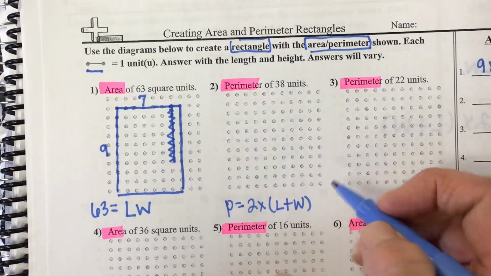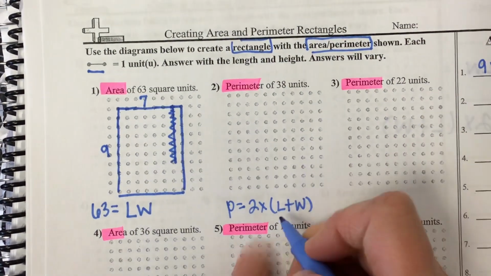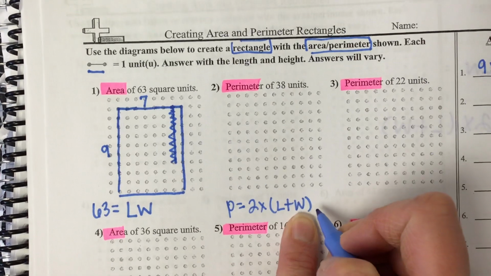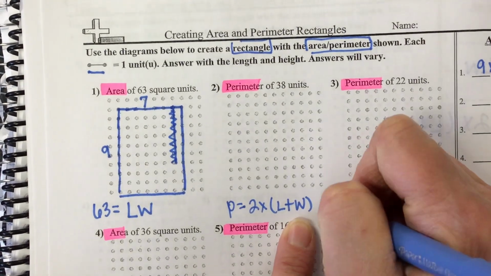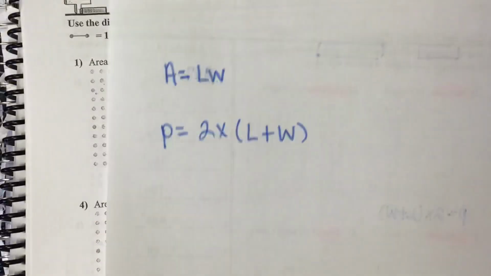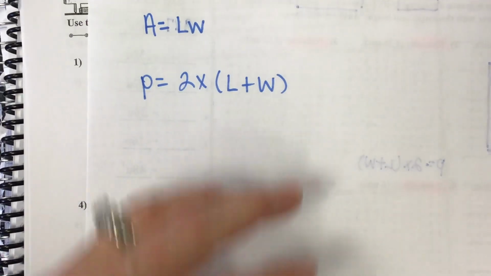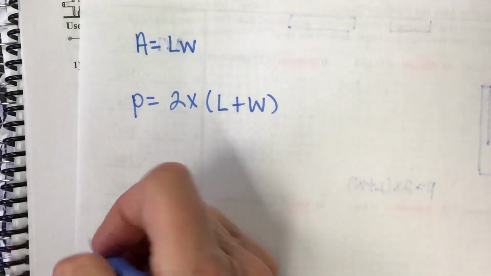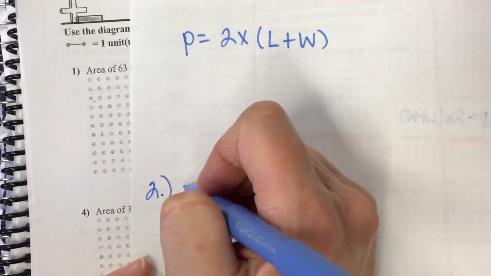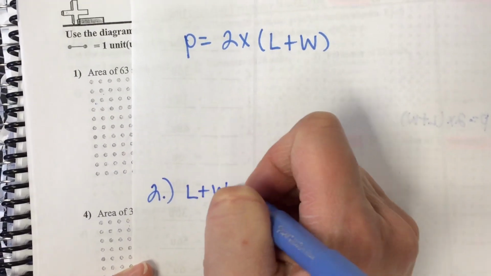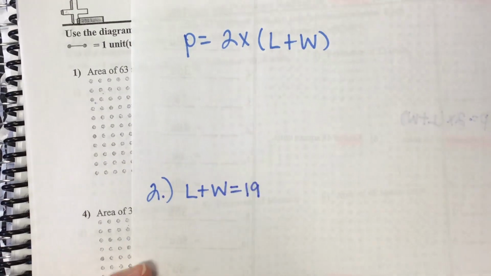Okay? So 19 equals length plus width. My length and my width need to add up to 19. And I'm just going to come over here to the back and put number 2 so my teacher can see where I made an error if I have one. My length plus my width have to equal 19.